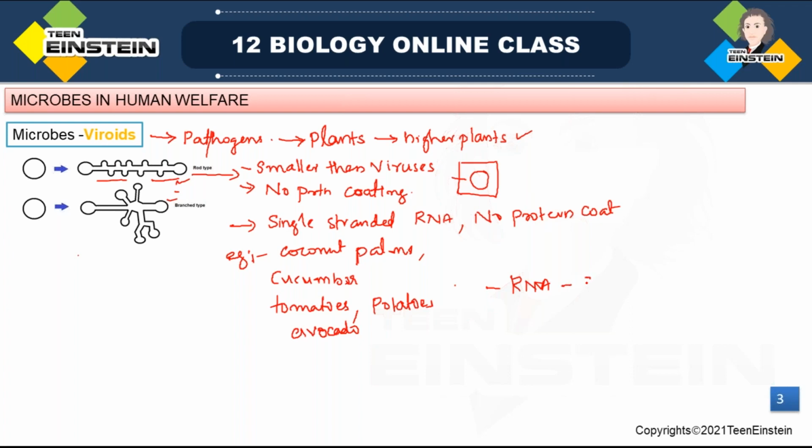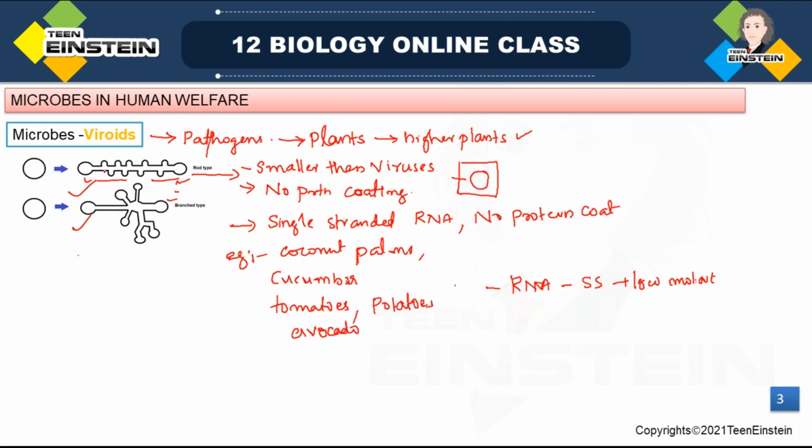And what does it have? Low molecular weight. So the RNA is single stranded with low molecular weight. And they have a unique structure. You can see that this particular RNA has a unique structure.